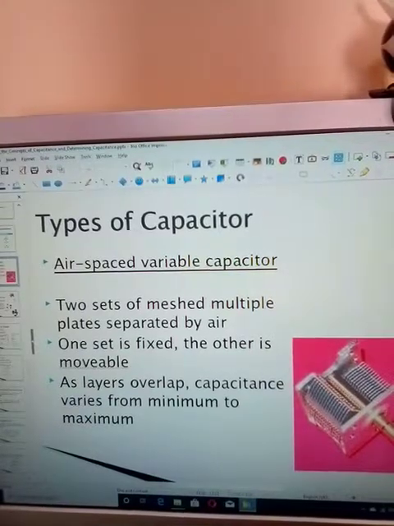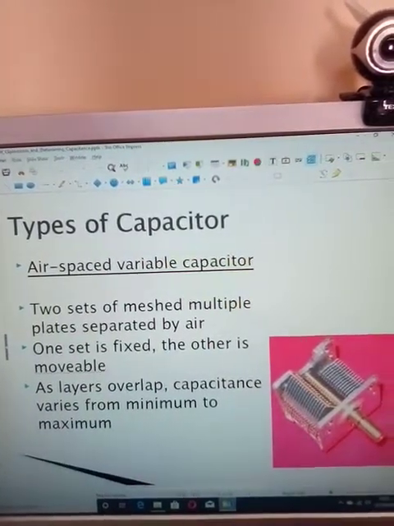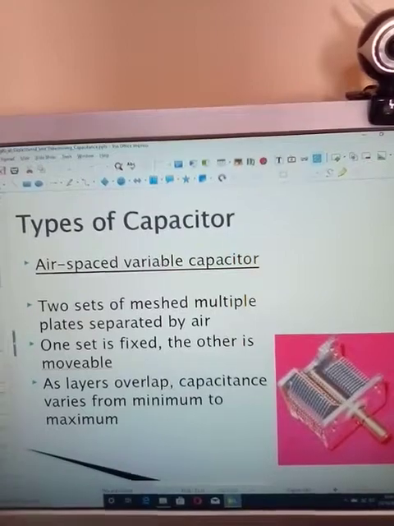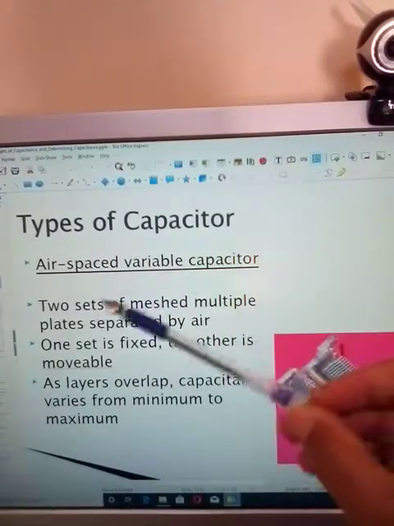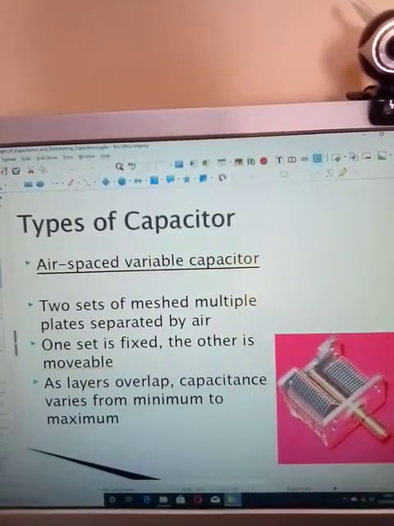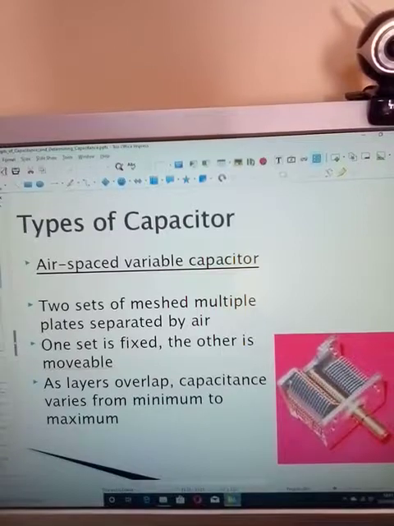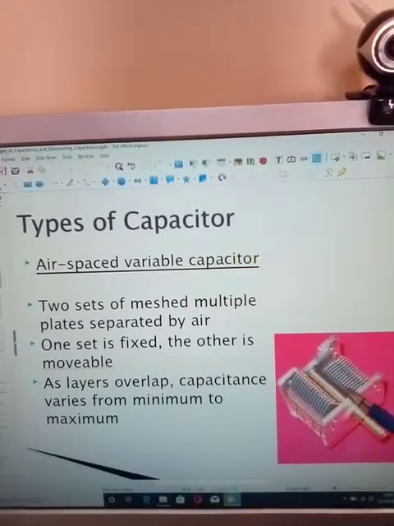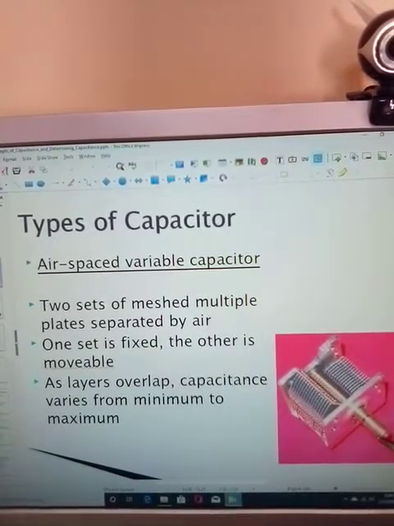Now, types of capacitors. Air-space variable capacitor: two sets of meshed multiple plates separated by air. One set is fixed and the other is movable. Here you can see that one of them is fixed and the other one is movable, and that is what moves or rotates the part that is movable.